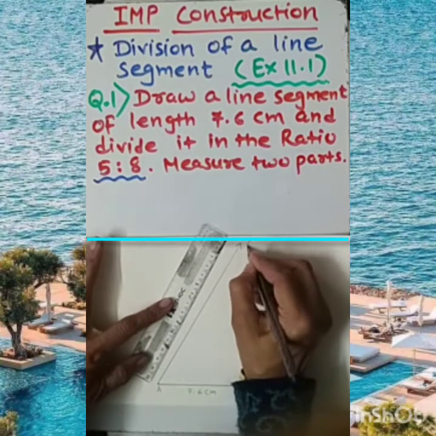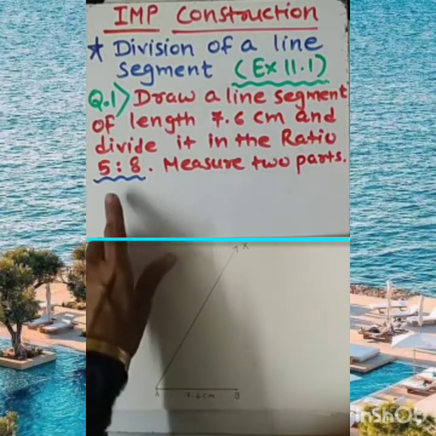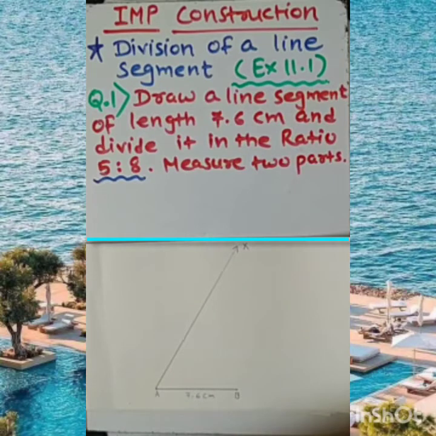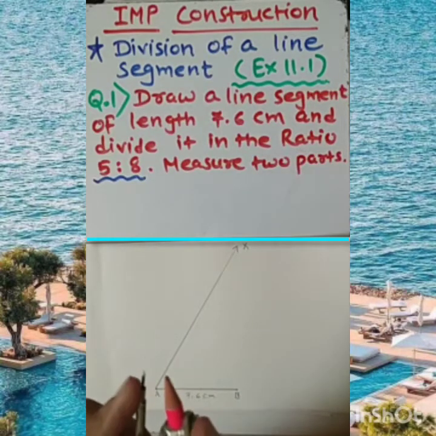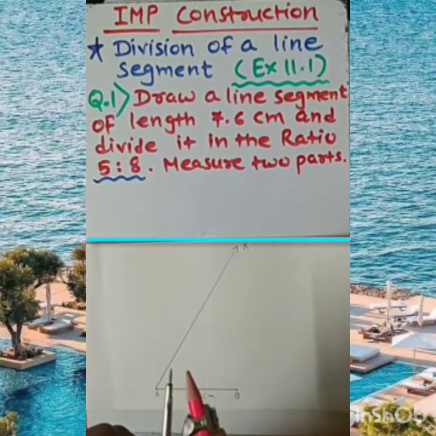Let me call this ray AX. Now we want 5 plus 8, a total of 13 parts. On my compass I am choosing a radius not more than 2 centimeter, approximately the same radius for all arcs.